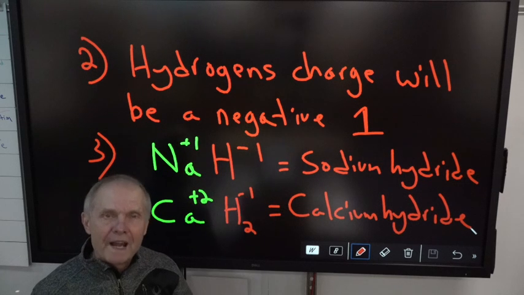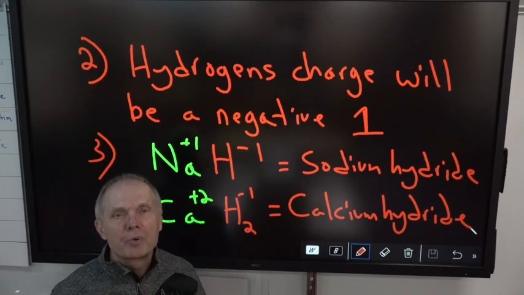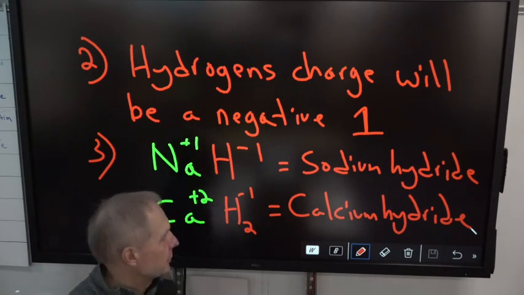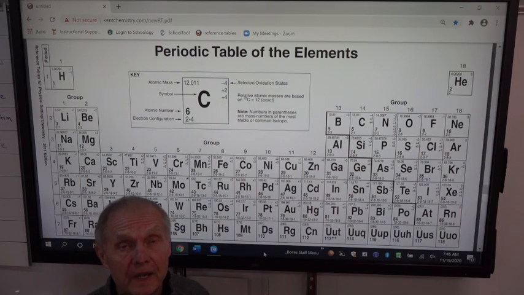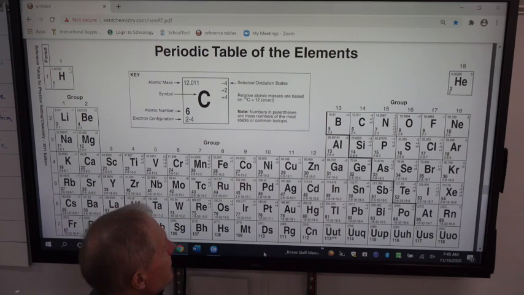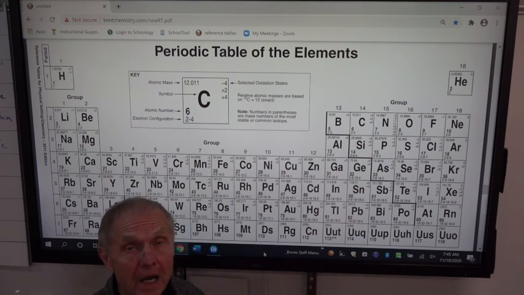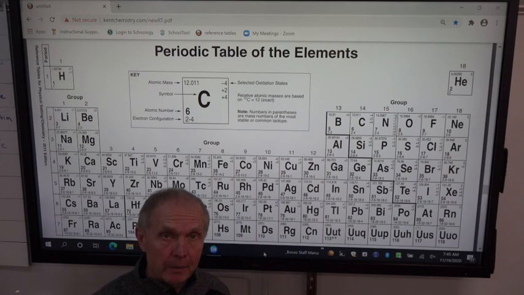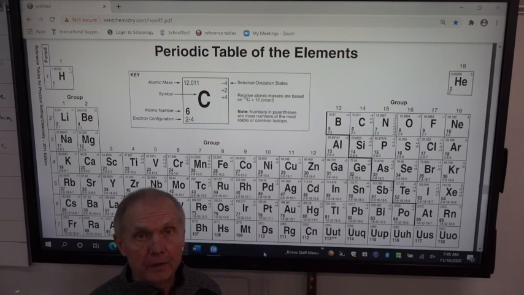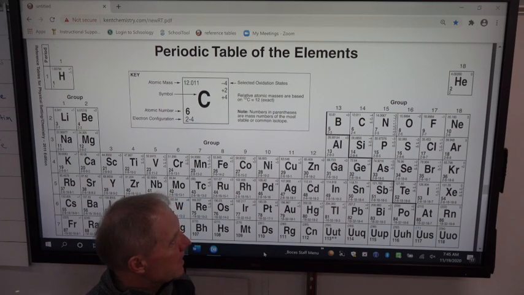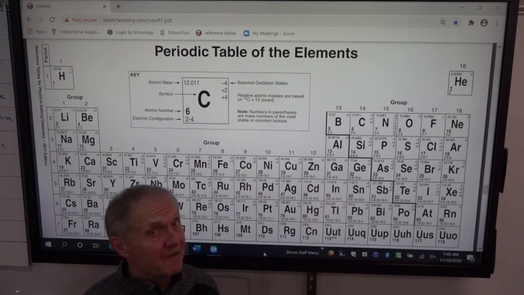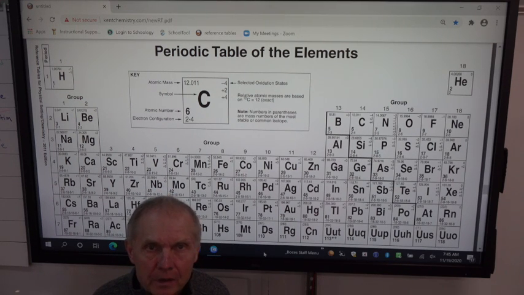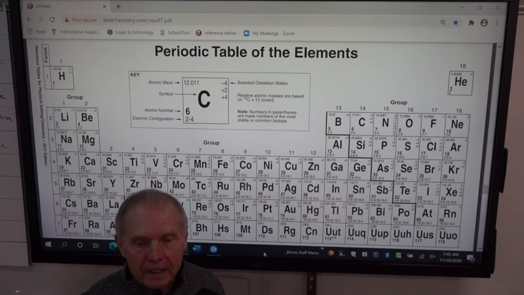Now, the next thing we have to talk about are the properties of ionic compounds. First of all, this is the easiest property. Remember, an ionic compound is a metal to nonmetal, metal to polyatomic ion, or metallic hydride. So the first property of an ionic compound is this: if it doesn't have a metal in it, it's not an ionic compound. No metal, no ionic compound.